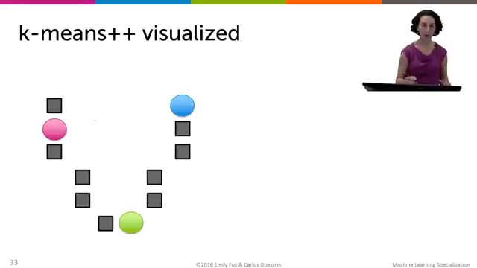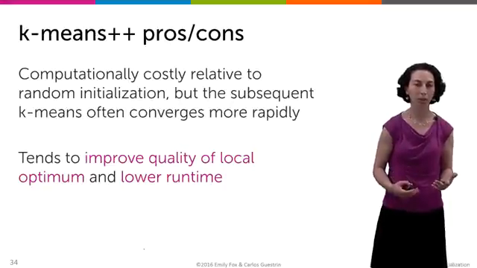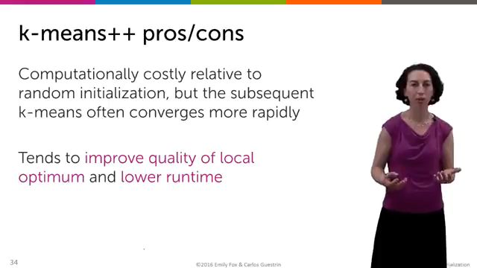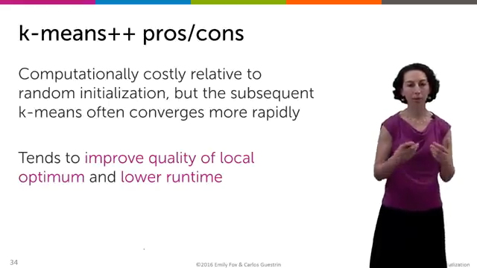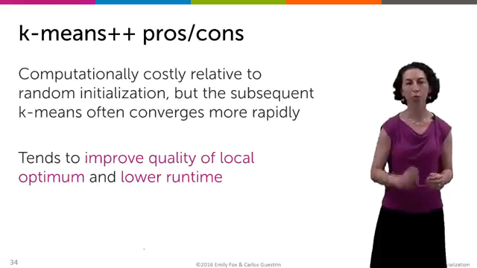So our initialization of 3 cluster centers for our k-means algorithm are going to be at these locations. Running k-means++ to initialize our k-means algorithm is definitely more computationally costly than just randomly selecting a set of cluster centers, but the subsequent k-means algorithm that we're going to run often converges much more rapidly.